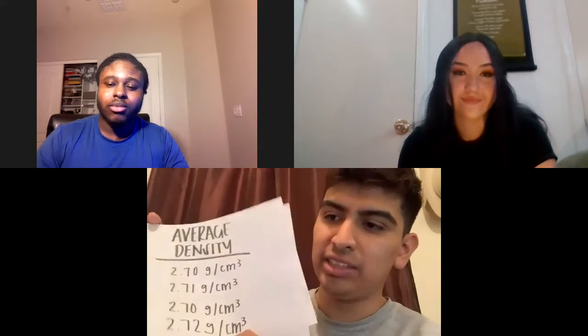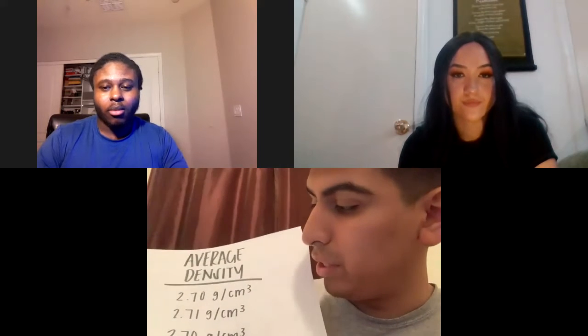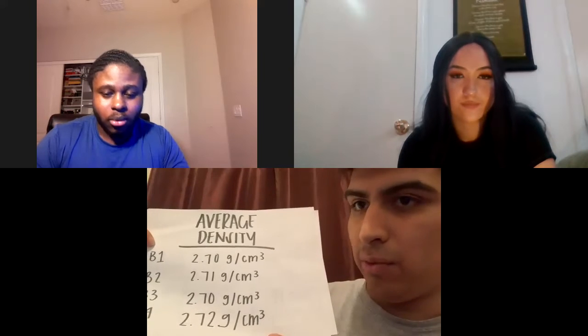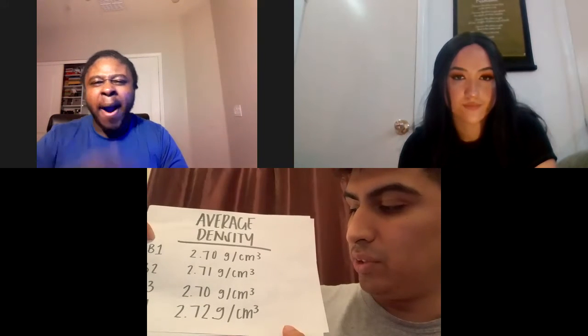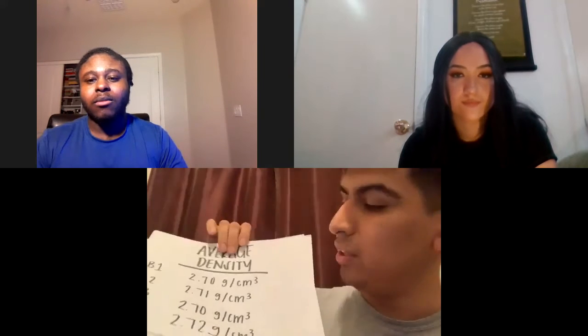Okay, and then to find the average density, we went off with Dylan's numbers. So block 1 being 2.70, block 2 being 2.71, block 3 being 2.70, and block 4 being 2.72, and all values being grams over centimeters cubed.